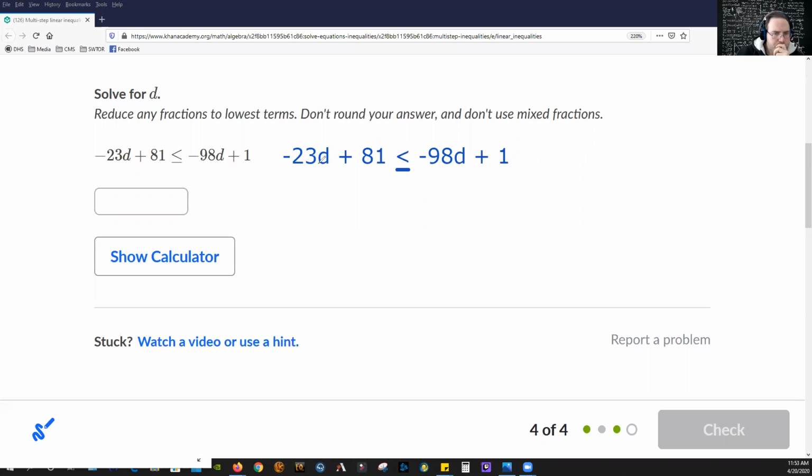Okay, so for whatever reason, let's just say I decided to add 23d to this side and add 23d to this side, okay? Let's just say I decided to do that. It's perfectly legal.